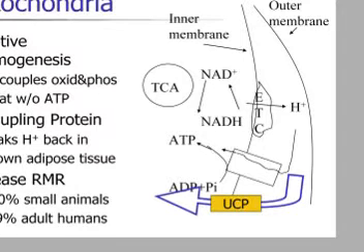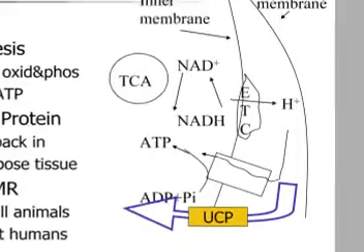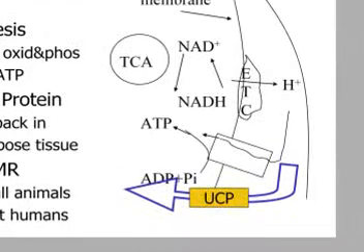In normal coupled oxidative phosphorylation, you burn the fuel, you produce a proton gradient or an acidic gradient across the inner and outer mitochondrial wall, and when you let that proton back into the inner mitochondrial space, that's coupled with ATP synthesis.